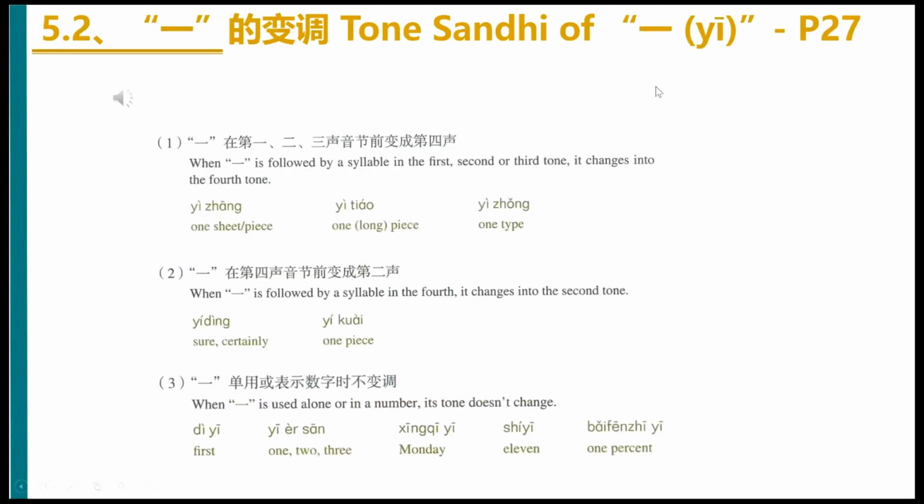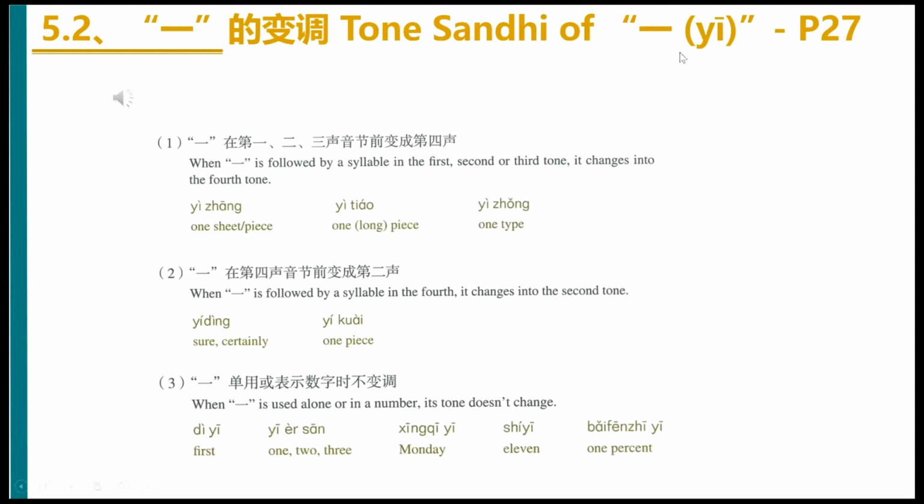The second tone sandhi is 一. 一 is a little more complicated than 不, because when 一 is followed by a different tone, it changes into a different tone. At first, let's take a look at the third point. When 一 is used alone or in a number, its tone doesn't change.